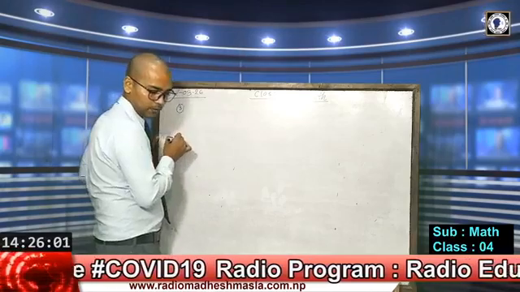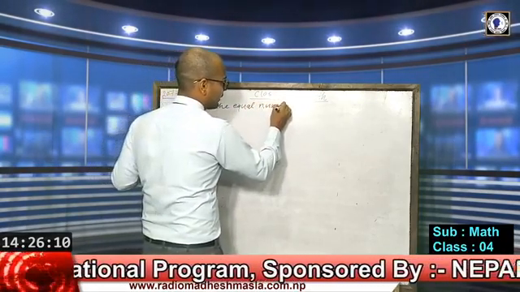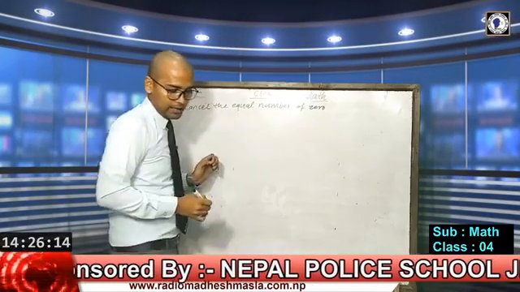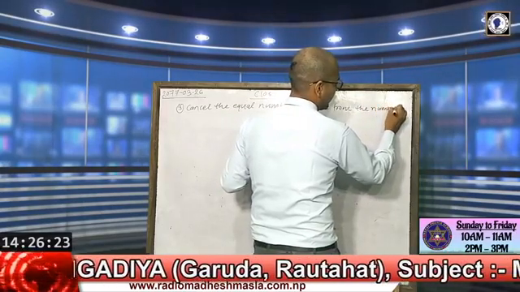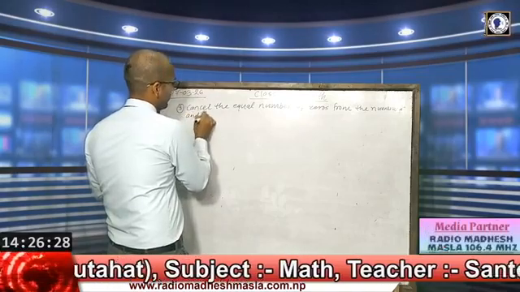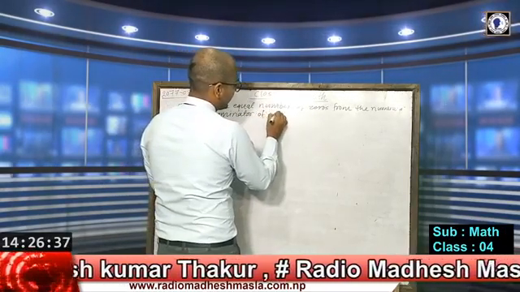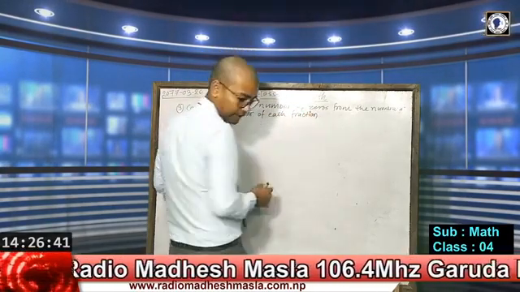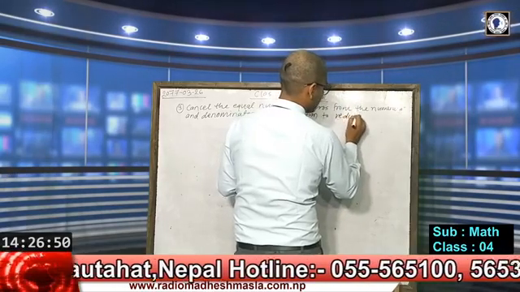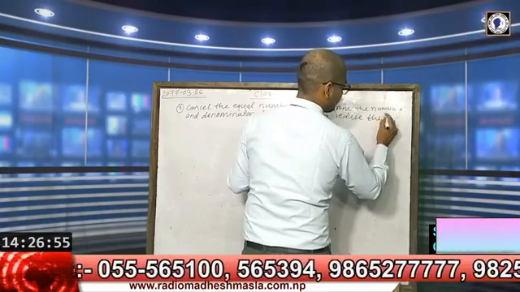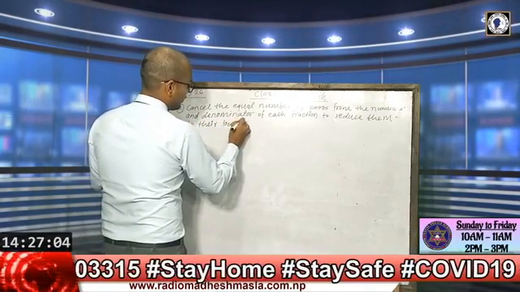Suppose third question: cancel the equal number of zeros from the numerator and denominator of each of the fractions to reduce them to their lowest term.